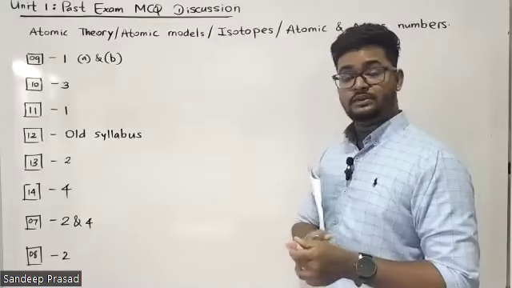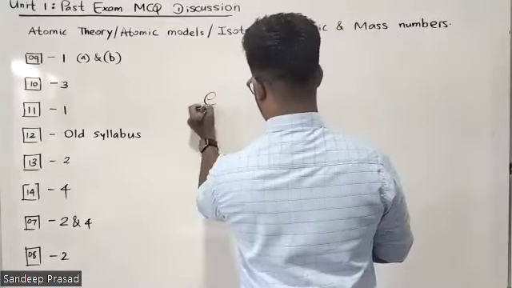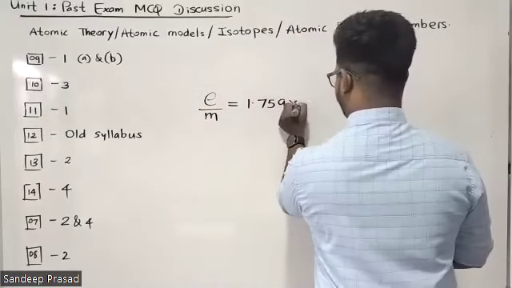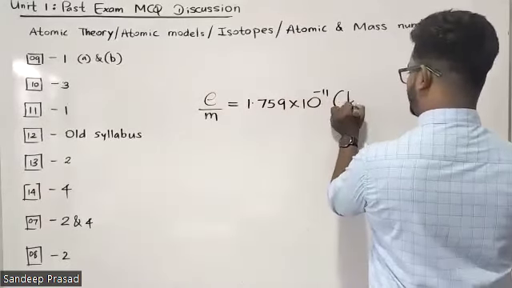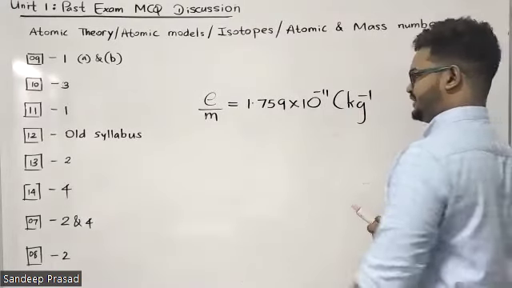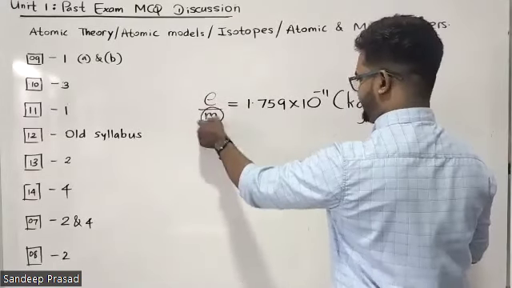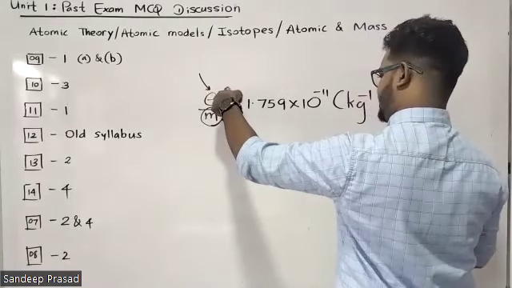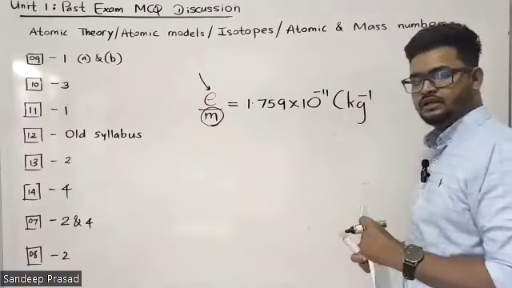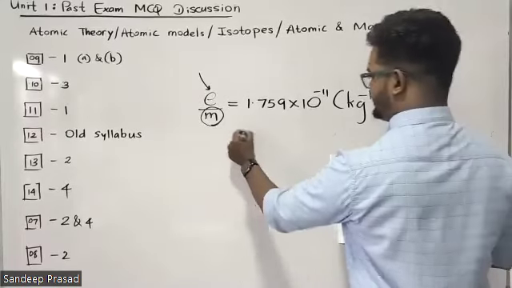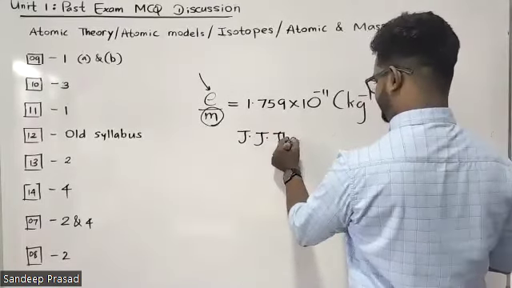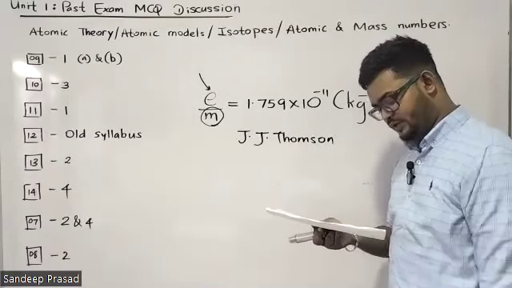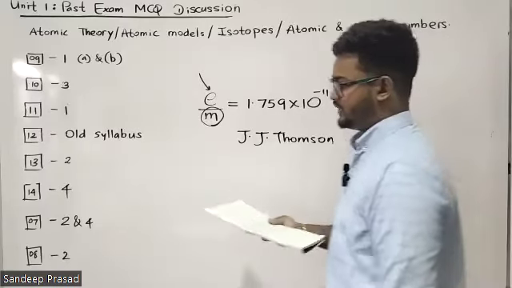The e over m ratio value found by J. J. Thomson is 1.759 times 10 to the power 11 coulombs per kilogram. Using this we can find the mass of the electron, because the charge is given by Millikan. So the correct answer is Thomson. Question number 15, answer is number 4.